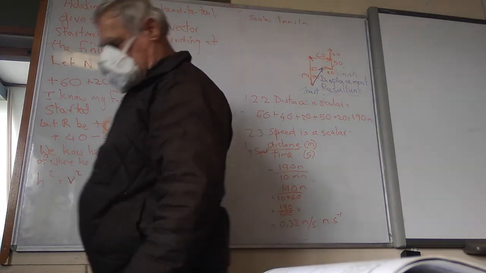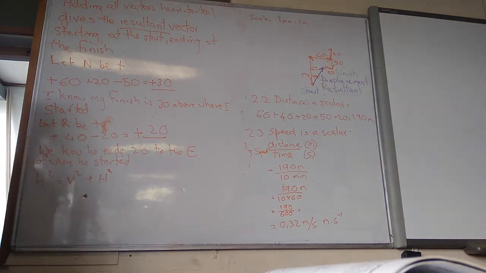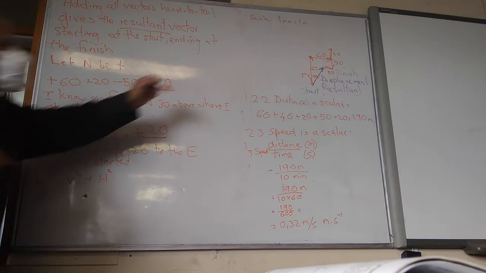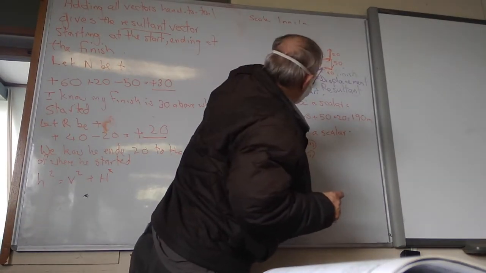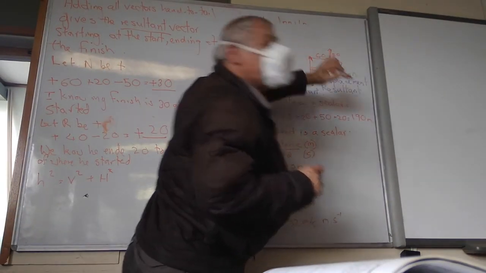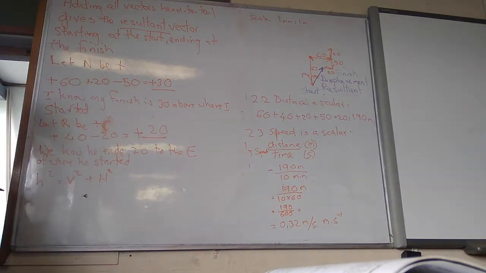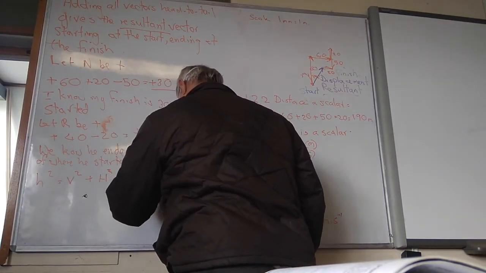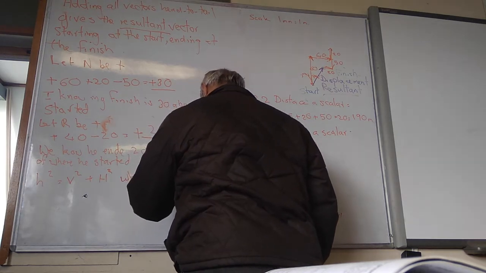Okay, let's call it that. And our hypotenuse is otherwise known as our resultant, where H is our resultant.